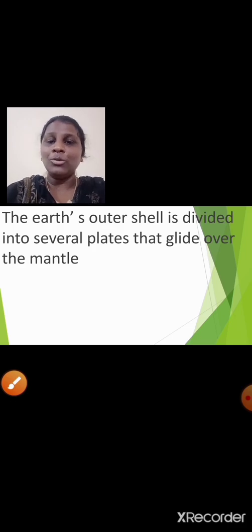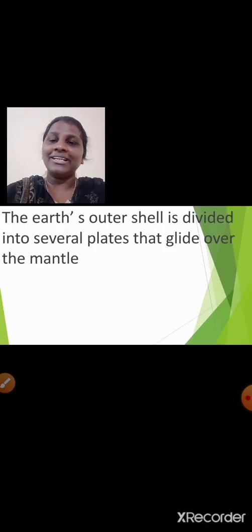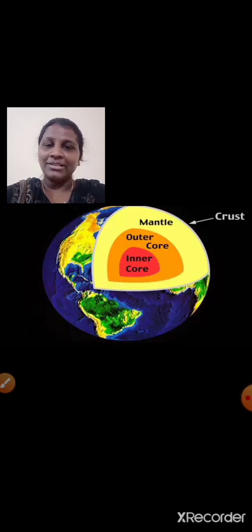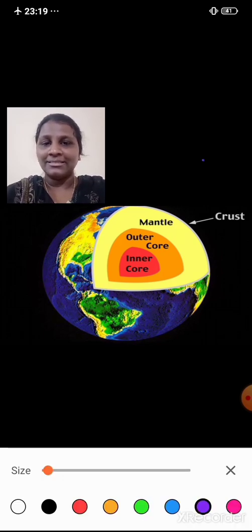The earth's outer shell, the crust we have just seen, is divided into several plates that glide over the mantle. Here we have seen the mantle.